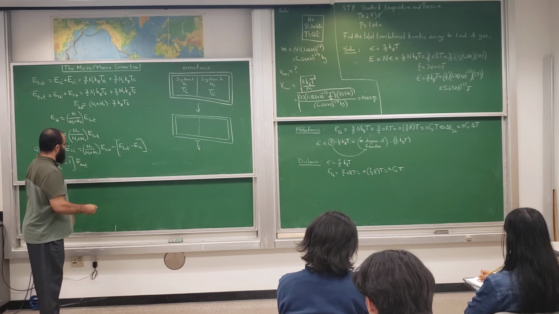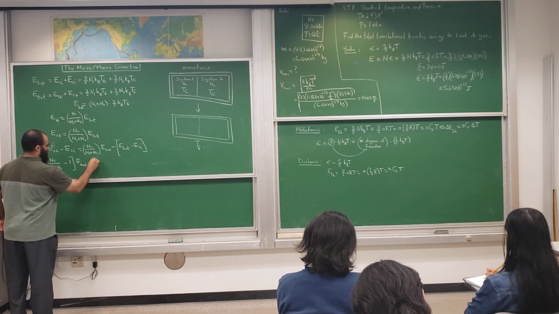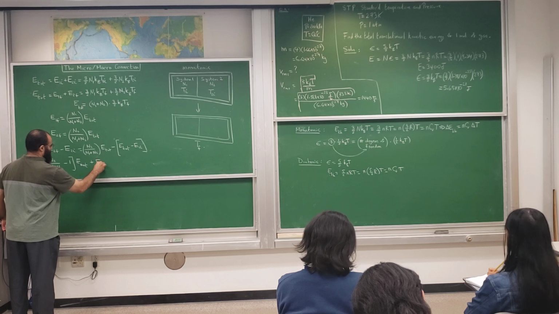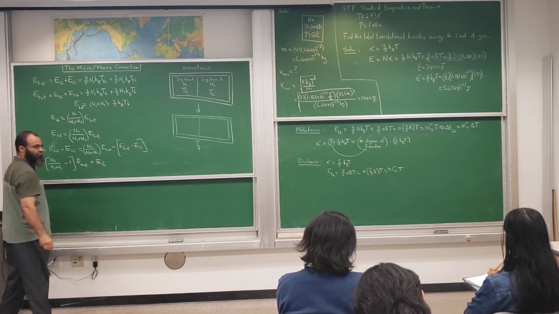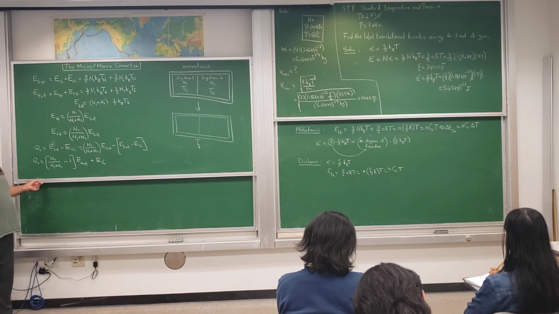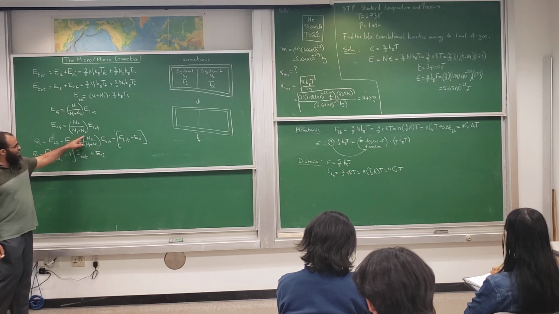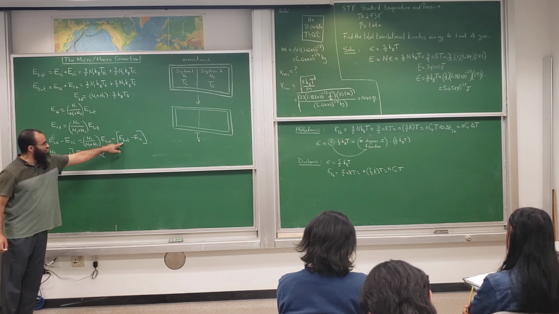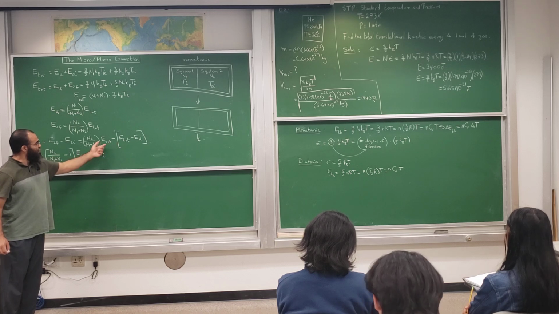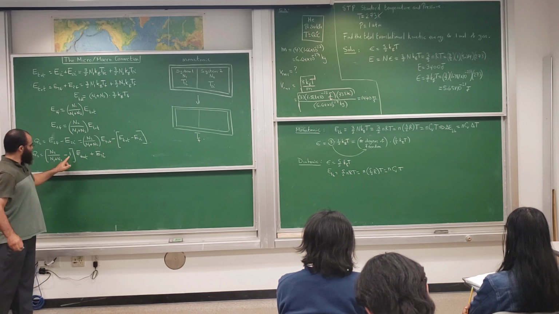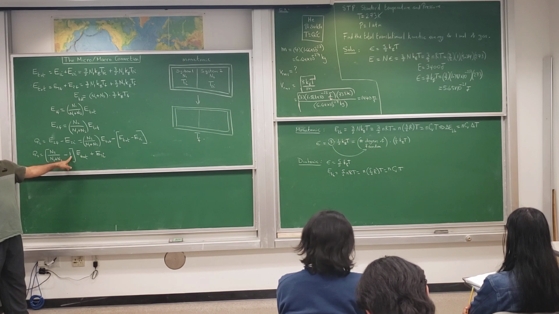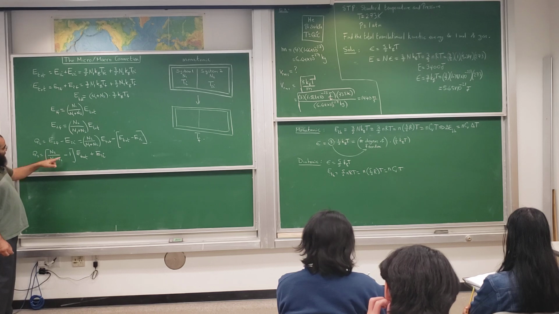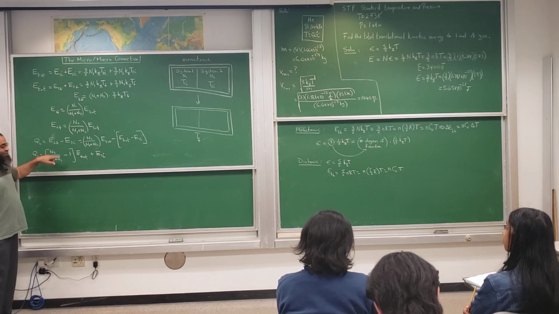And then minus minus equals plus E1 initial. When you factor E total, what's left from this one is just 1.